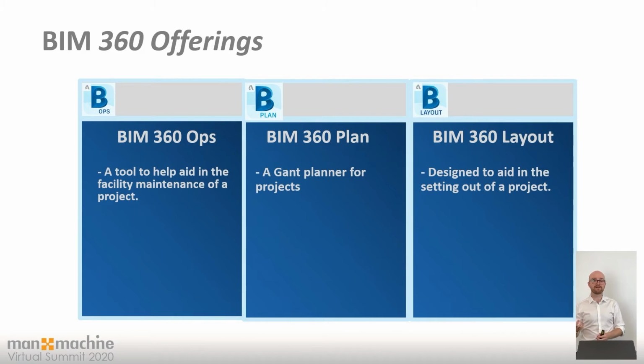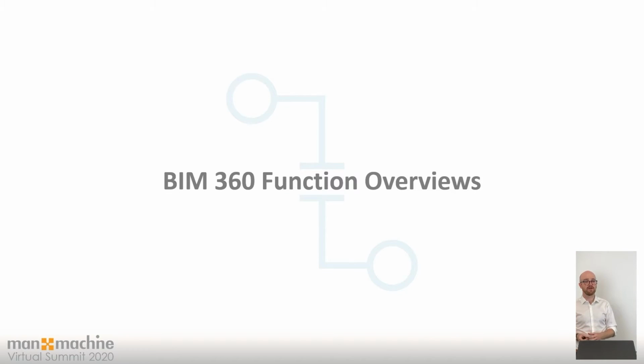And then BIM 360 Layout, which is typically designed for surveyors and the like who might need to work with Revit and layout on site and make sure the points are exactly where they need to be. So those are all the offerings. The main ones to consider are the first set of modules that we looked at.